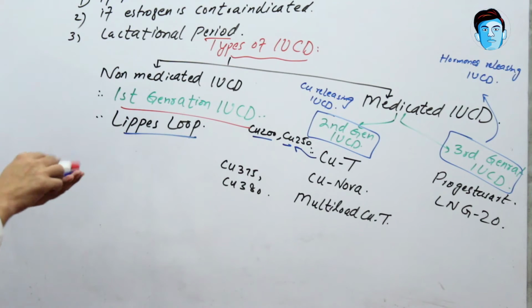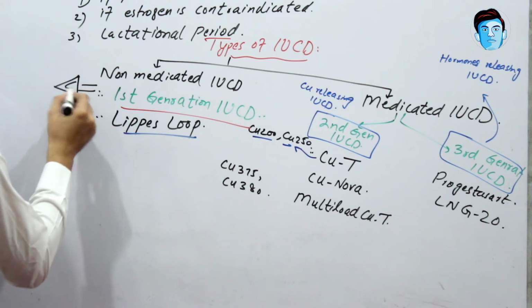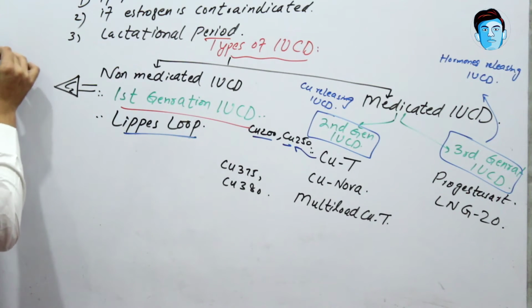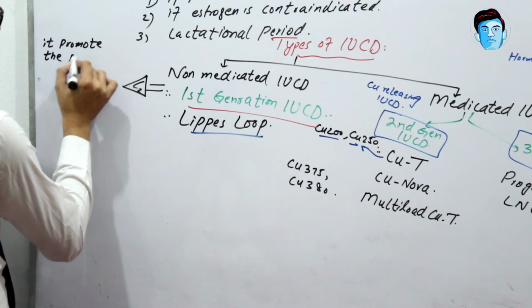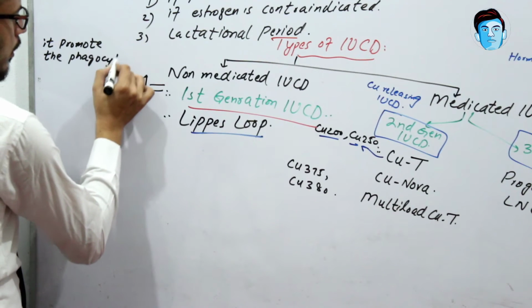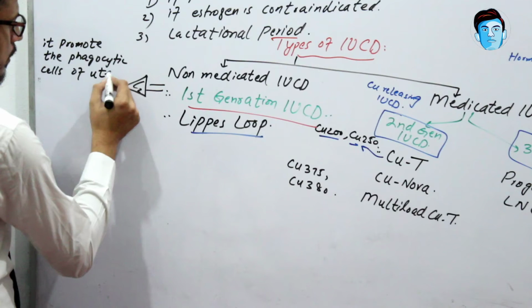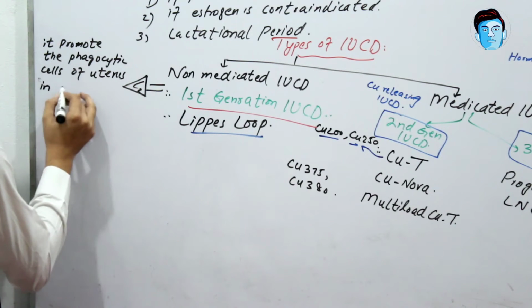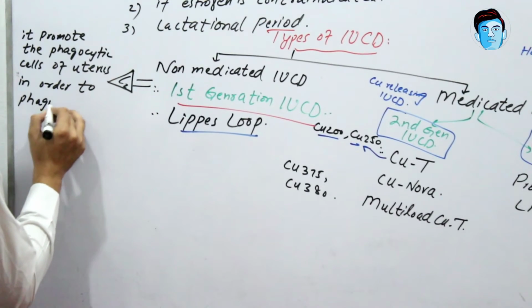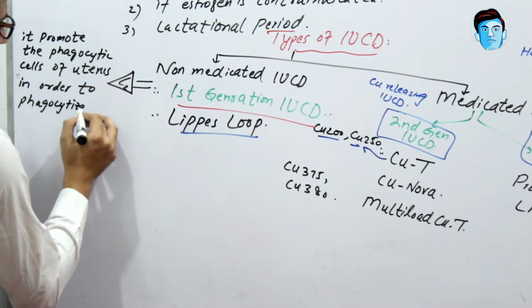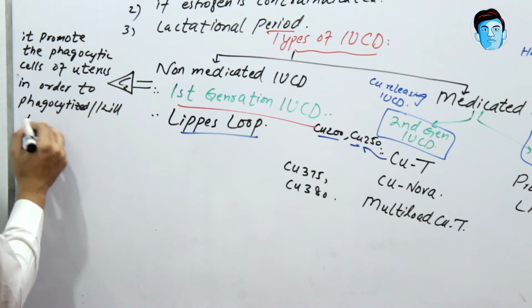Actually, the first generation IUCD promotes the phagocytic cells of the uterus in order to phagocytize, or we can say kill, the sperm.